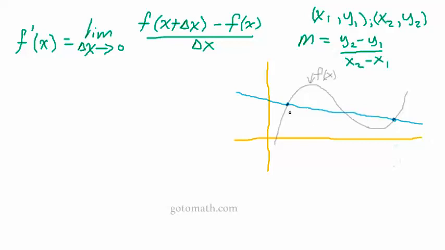All right. So this line right here is known as the secant line. And let's identify these 2 points right here on the line. So we're going to let this point right here be x, and then the y value associated with this point we'll just call f of x.